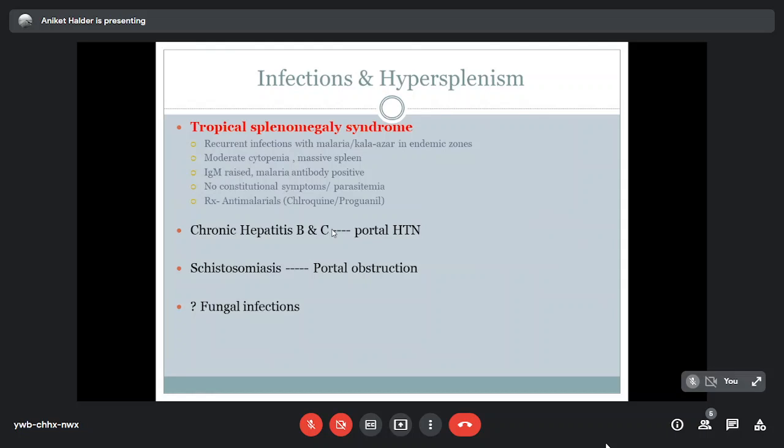In tropical splenomegaly syndrome, usually IgM is raised and the malarial antibody is positive, although there are no constitutional symptoms or parasitemia. And usually the treatment is antimalarials like chloroquine or proguanil.